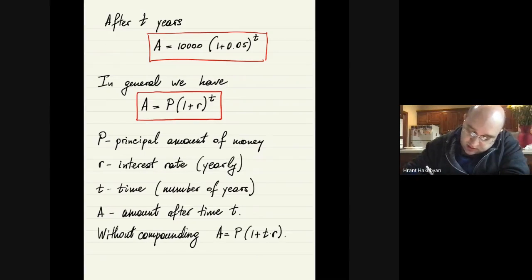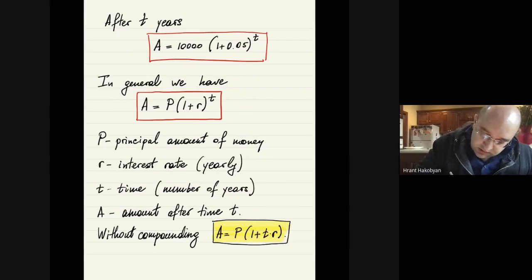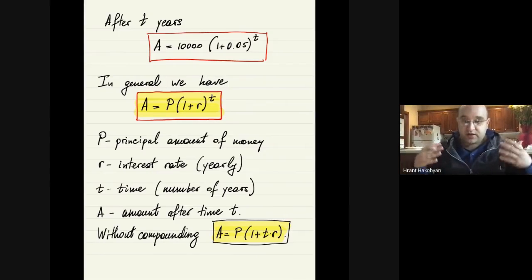The amount in your bank account would grow like this. That would be without compounding, and these two are very different things. Again, what's the difference? In this situation, you don't get interest on interest, so the interest does not compound, while in this situation you get interest on the interest and the interest compounds, so you get more returns.